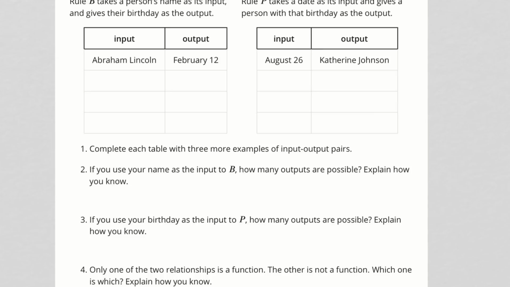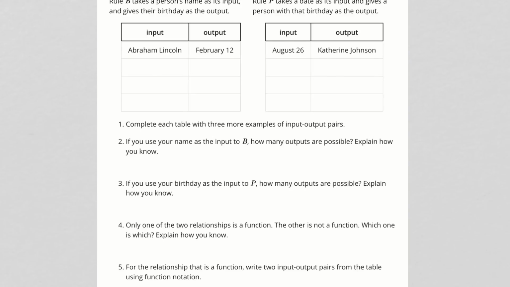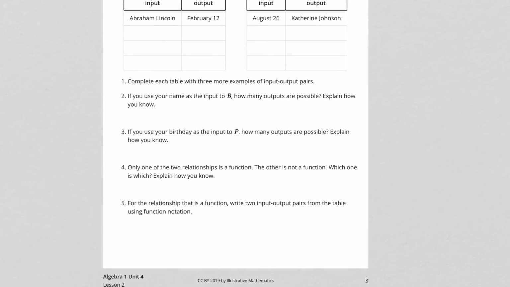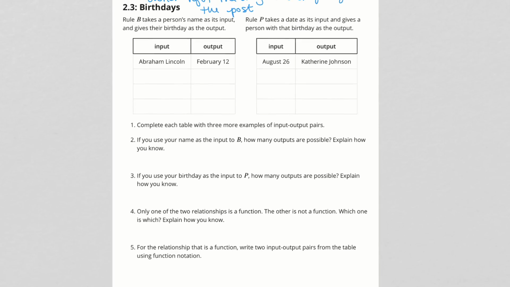I'm going to have you do this in groups in class today. If you're at home, go ahead and do this independently and let's do 2 of each. I'll do one really quick.